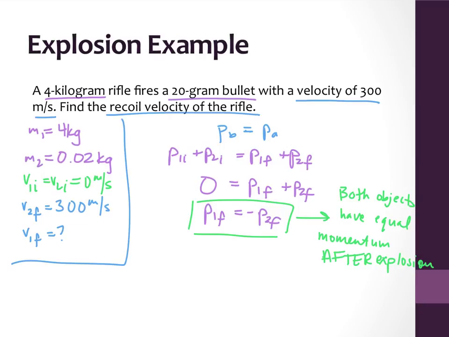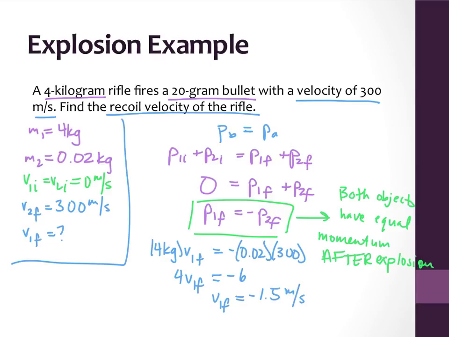All right, so let's actually solve this. M1 is 4 kilograms times v1f equals a negative 0.02 times 300 meters per second. So 4 v1f is equal to negative 6, v1f is equal to negative 6 divided by 4, that's negative 1.5 meters per second.